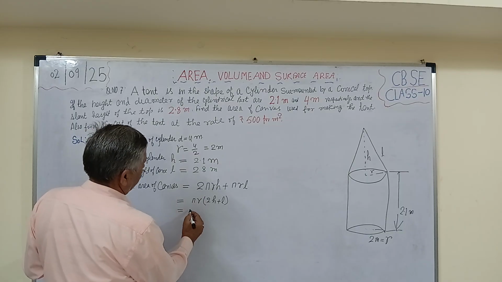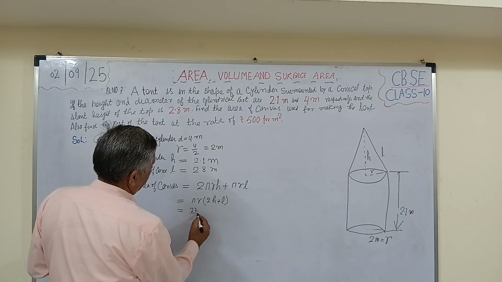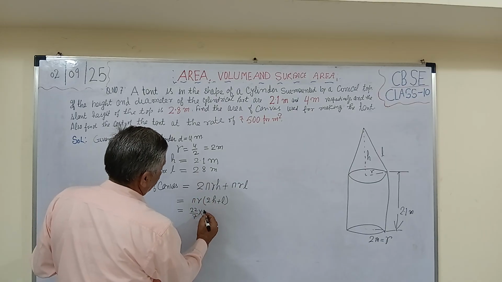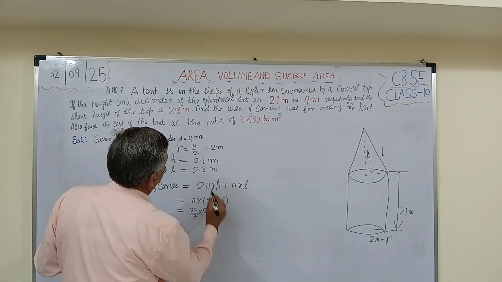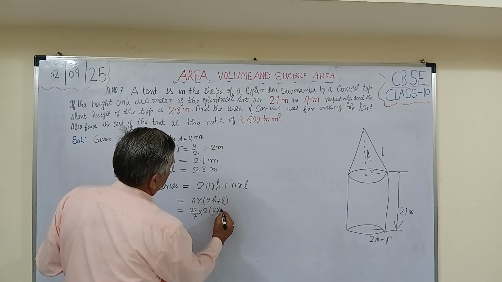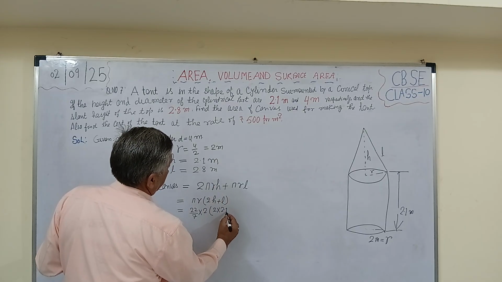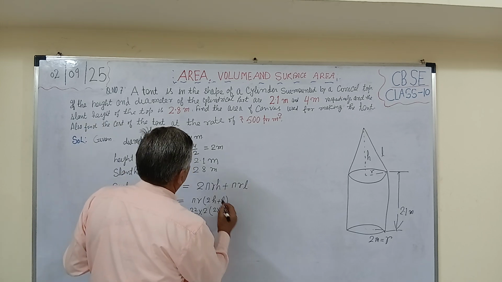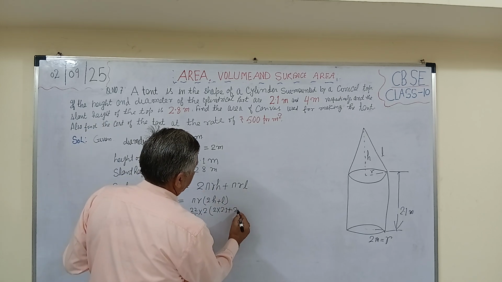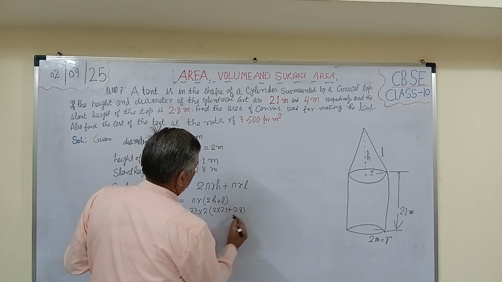Now I will put the value. Pi is 22 by 7 into radius is 2 into height is 2.1, height of the cylinder, plus 2.8 is the l, slant height of cone.